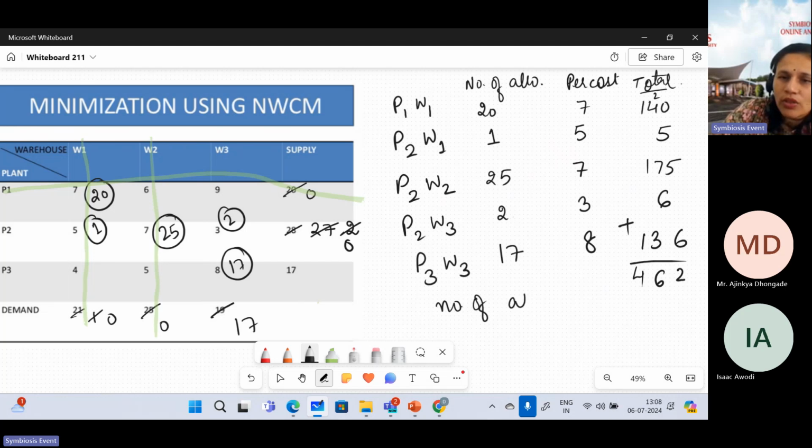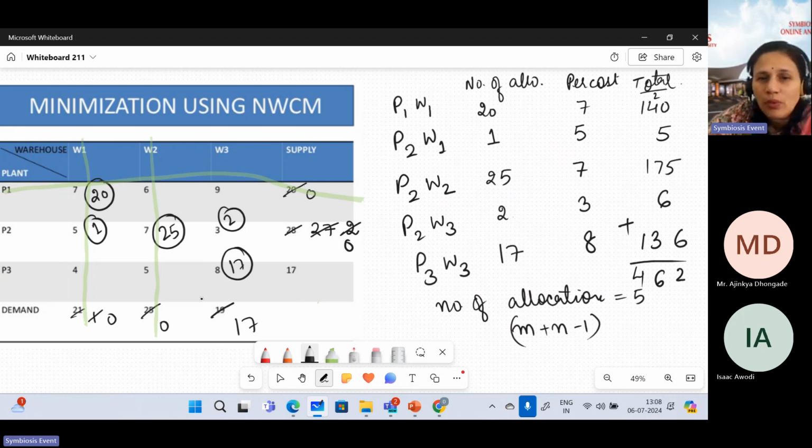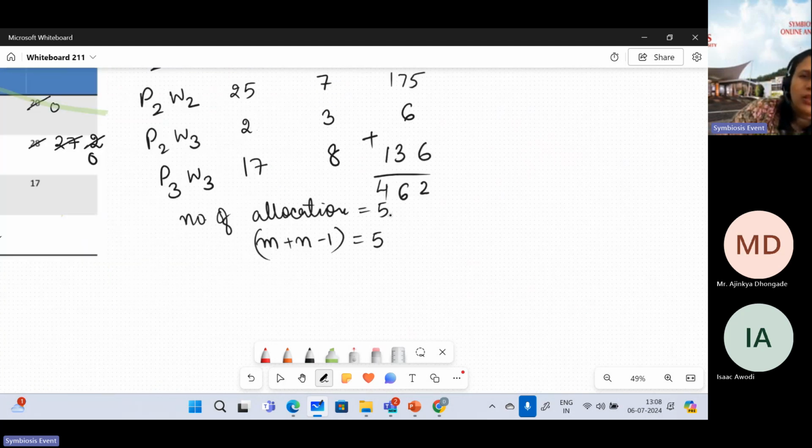Right now, if I'll check my number of allocations, what I'm getting here, if I'll count, is coming 5. This number of allocation must come equivalent to the number of rows plus number of columns minus 1. So here in our question, the number of rows are 3 and number of columns is also 3. So 6 minus 1, that is also coming 5. So whenever the number of allocations and number of rows plus columns minus 1 are equivalent, we say the rim condition is satisfied.